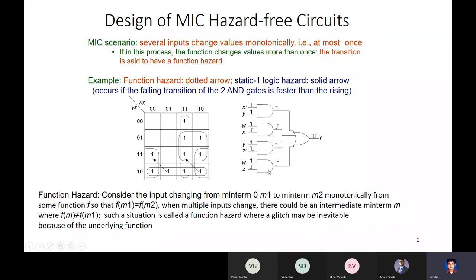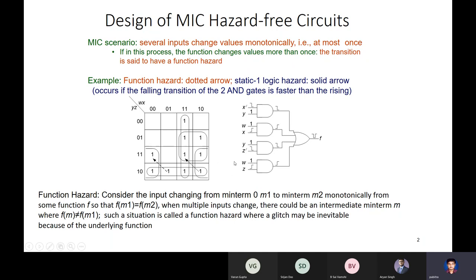And we saw that if we have two ones which are not part of the same cube, then there may be a potential hazard, because if it's adjacent, one variable is flipping its value. So for that variable there is a plus a bar kind of situation for some combination of other values, which you want to avoid because the delays may lead to glitches.